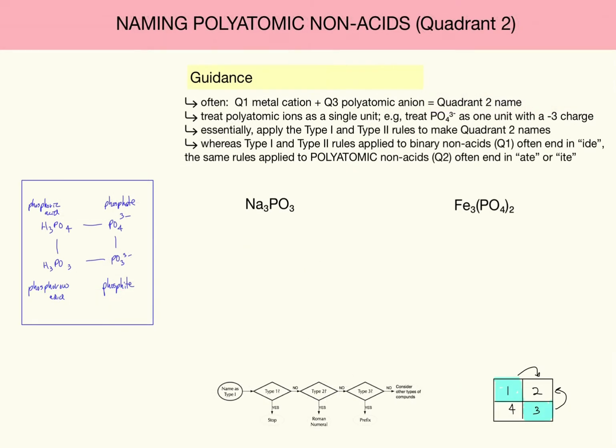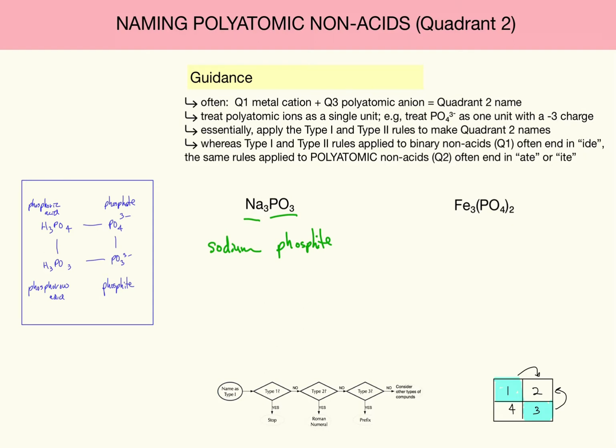Let's work through an example step by step. Identify the 2 pieces, and we name this sodium. You recognize the metal as the positive piece. And the last one is phosphite. Now that's different. It's not sodium phosphorotrioxide.